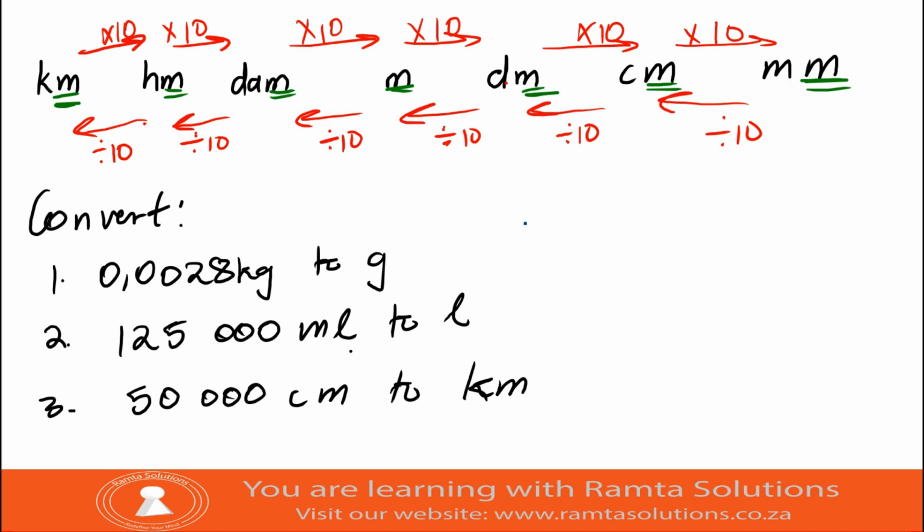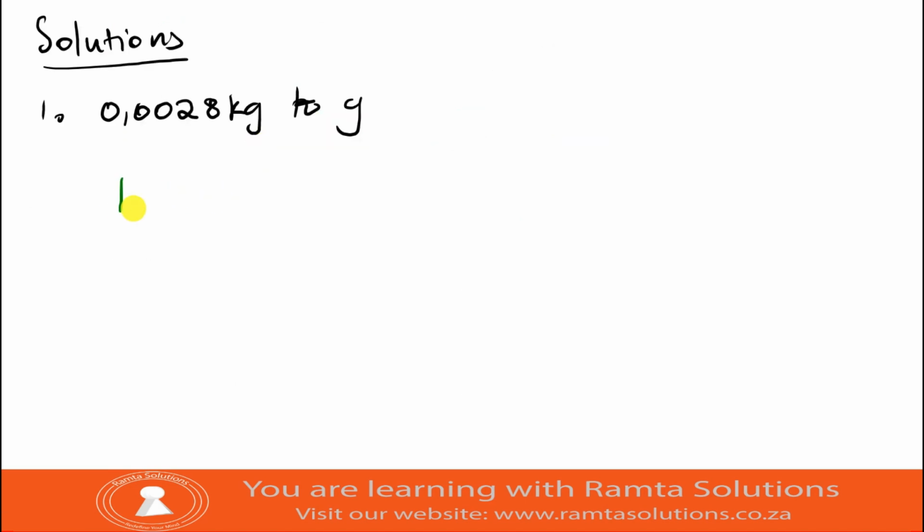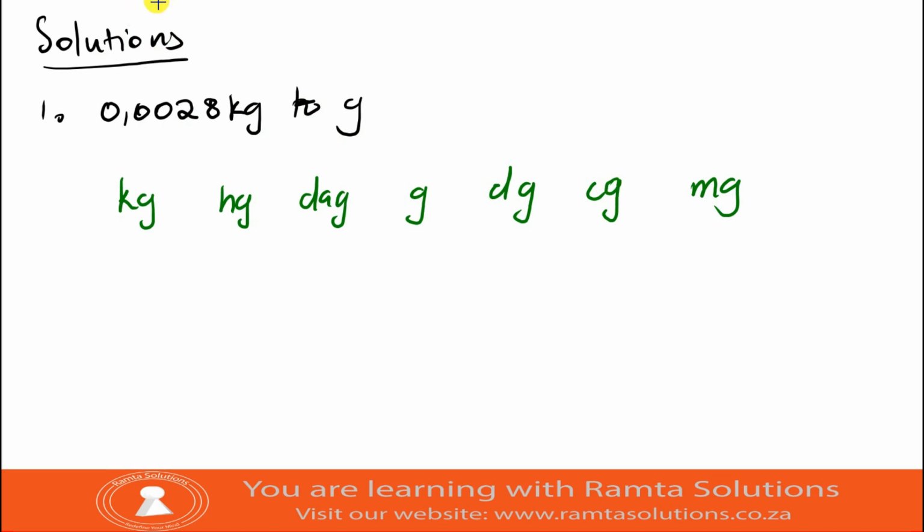Let me just write it here: kilogram, hectogram, decagram, gram, decigram, centigram, and milligram. So here we are moving from kilogram to gram.